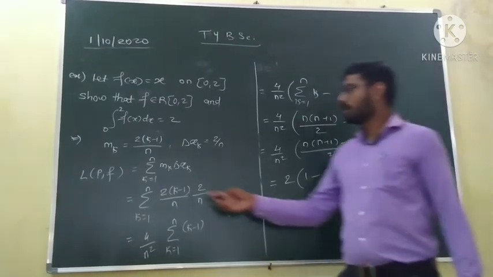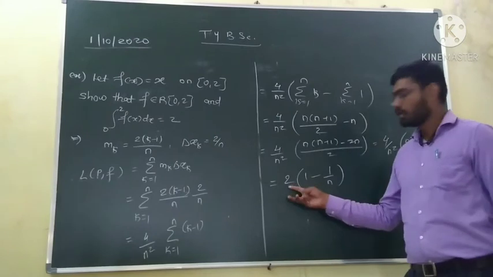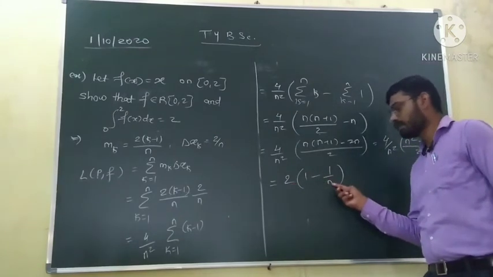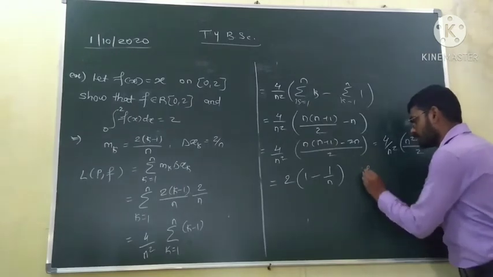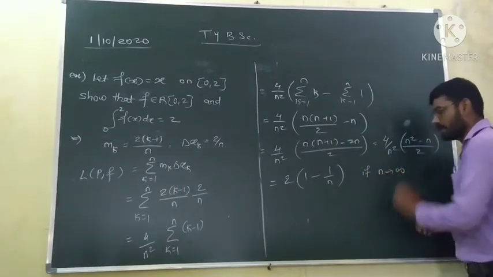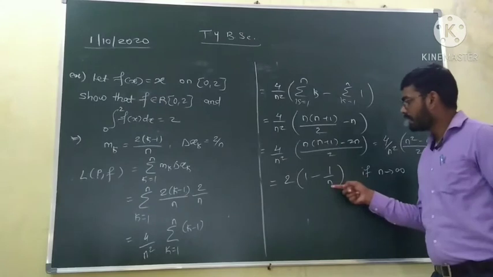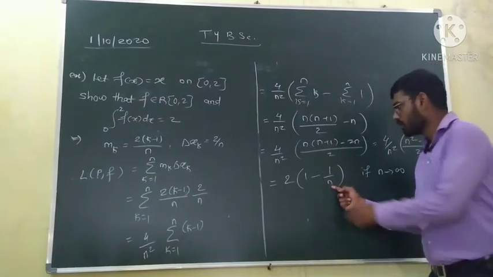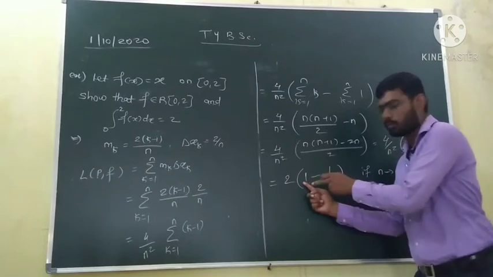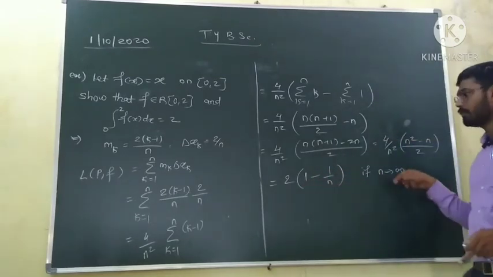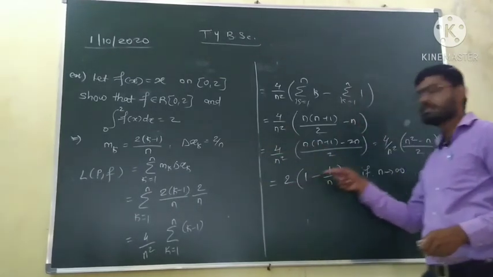So our lower sum is equal to 2 into 1 minus 1 by n. Now if n tends to infinity, then 1 by n tends to 0. So 1 minus 0, 1, and 2 into 1, 2. So as n tends to infinity, our lower sum tends to 2.